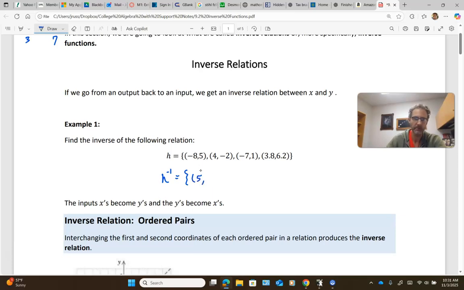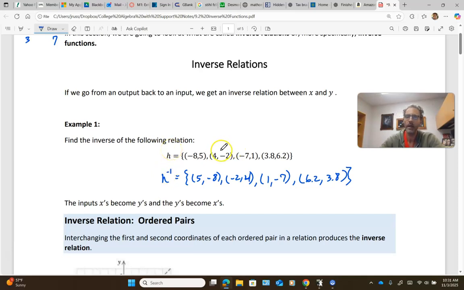So the pair 5, negative 8, the pair negative 2, 4, and the ordered pair 1, negative 7, and then finally ordered pair 6.2, 3.8. Okay, so this is the inverse relation of h.